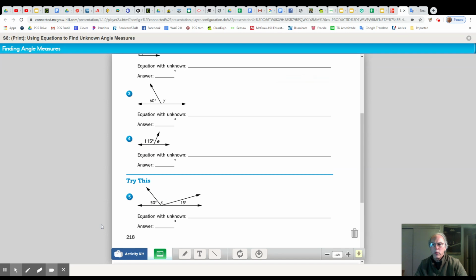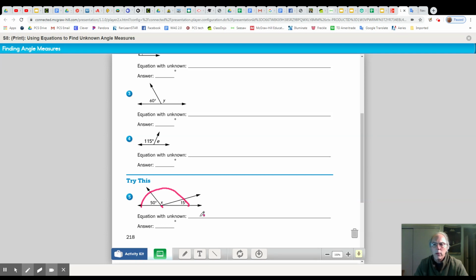Ooh, look at this one down here. Let's take a look at this one for fun. I'm not going to do it completely for you, but first off, how many degrees in a straight angle? How many degrees do we know this has to be, if we go from one side right here all the way to the other? And there's your little center point, your vertex.